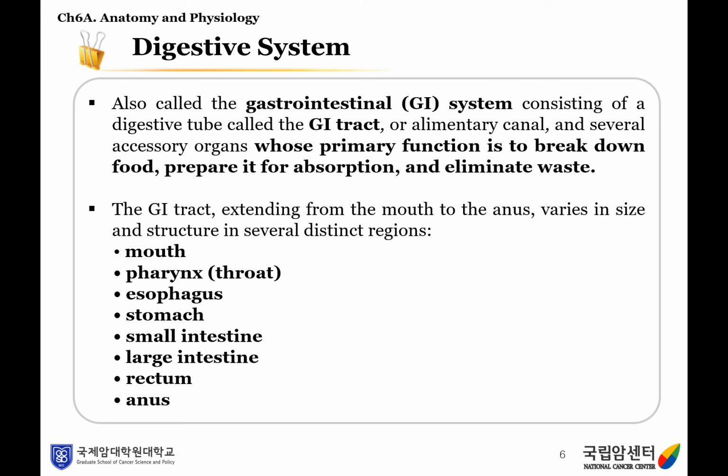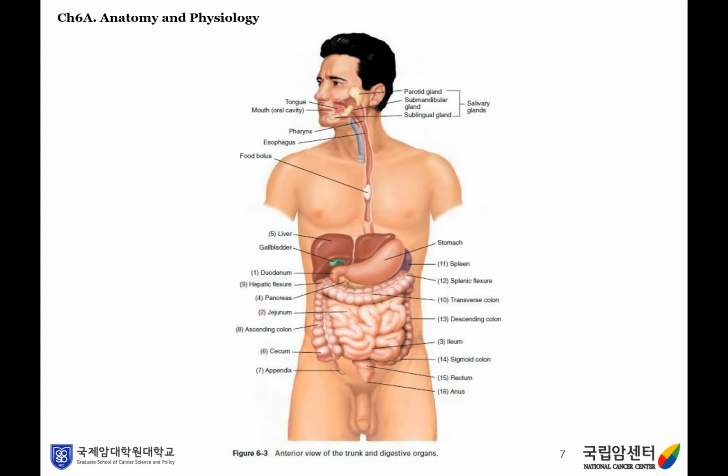The GI tract varies in size and structure in several distinct regions. So from the mouth, pharynx, esophagus, stomach, small intestine, large intestine, rectum, and anus. This figure shows the anterior view of the trunk and digestive organs.